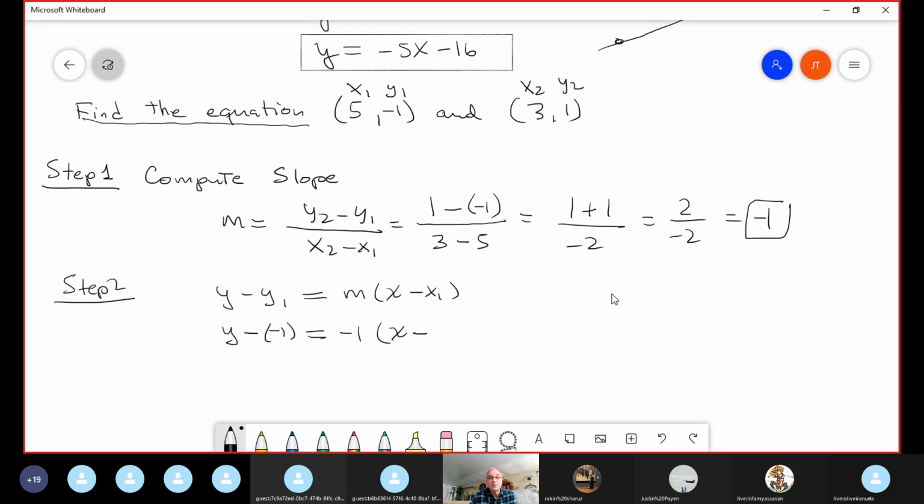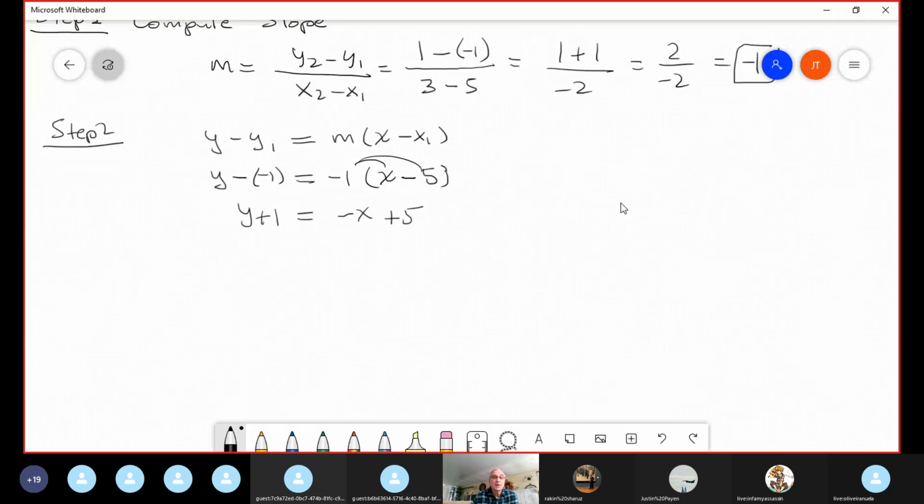X minus x1 is 5. I take the first point, but some students can take, if you want, the second point, and the answer doesn't change. So y plus 1, double minus becomes positive, and you apply the distributive property here: negative x plus 5. Finally, solve for y. We have y is equal to minus x plus 5 minus 1. Y is equal to minus x plus 4. And that's it.